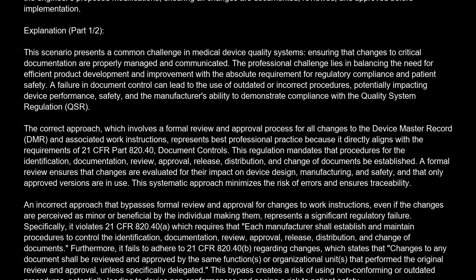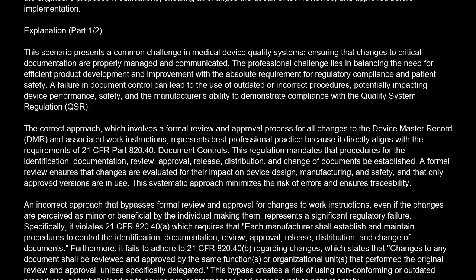A failure in document control can lead to the use of outdated or incorrect procedures, potentially impacting device performance, safety, and the manufacturer's ability to demonstrate compliance with the Quality System Regulation, QSR. The correct approach, which involves a formal review and approval process for all changes to the Device Master Record (DMR) and associated work instructions, represents best professional practice because it directly aligns with the requirements of 21 CFR Part 820.40, Document controls.